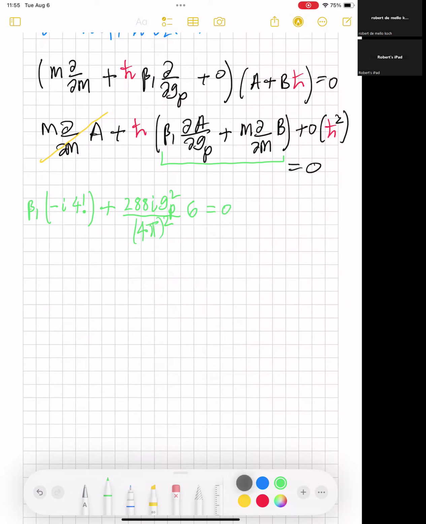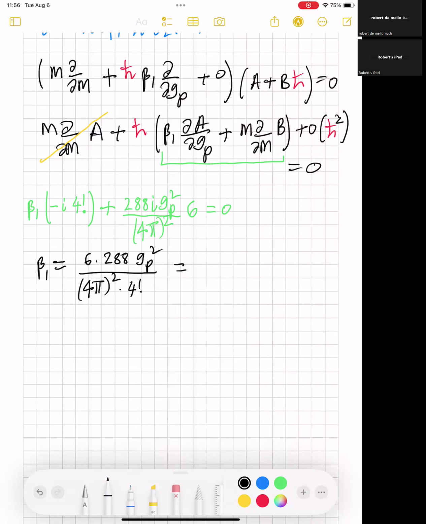Okay, so let's go back to Blackboard. So β1 is equal to, it'll be 6 times 288. We'll have a GP squared. We will have 4π squared. We will have 4 factorial.